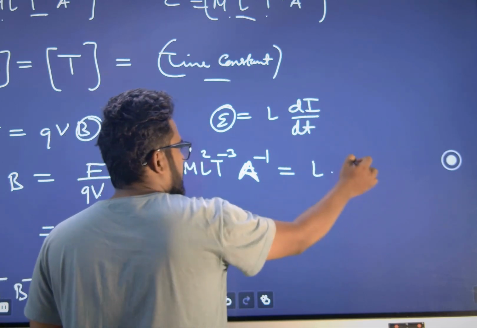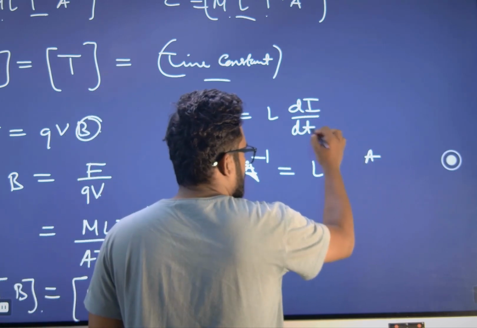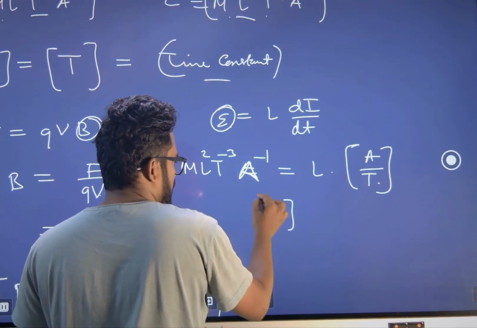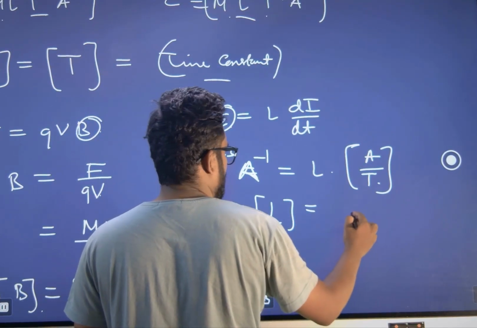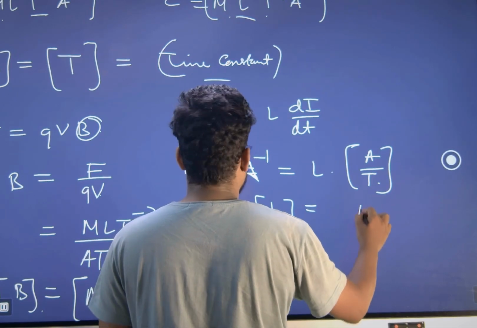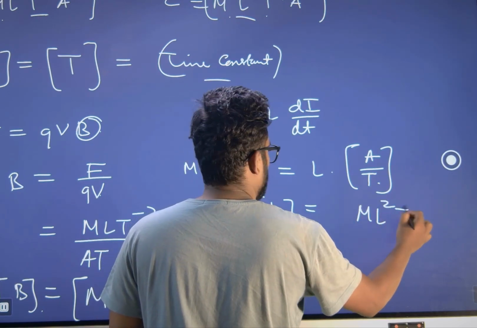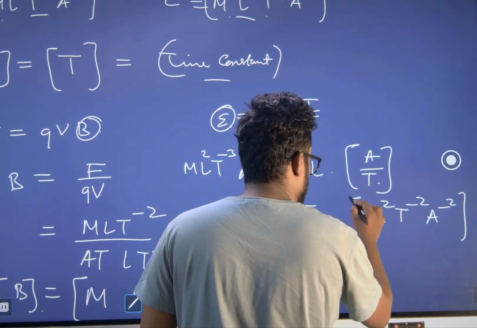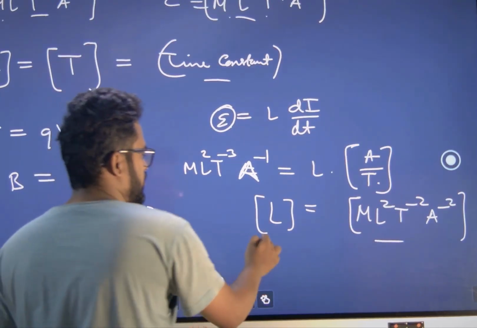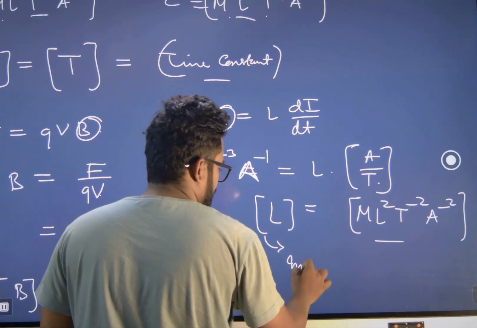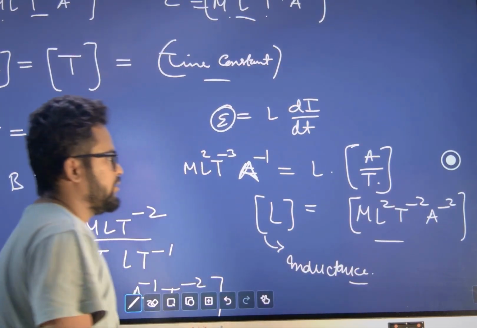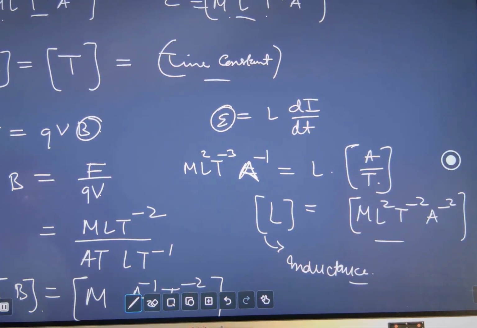L dI, current is ampere, t is time. So here L would become ML^2T^-2A^-2. This is inductance, ML^2T^-2A^-2.